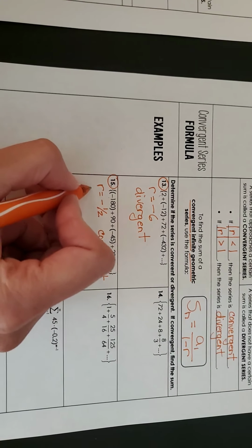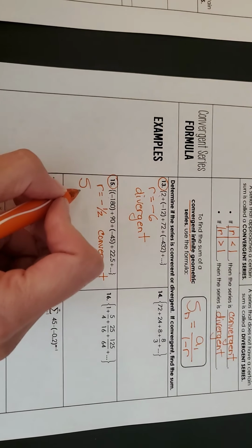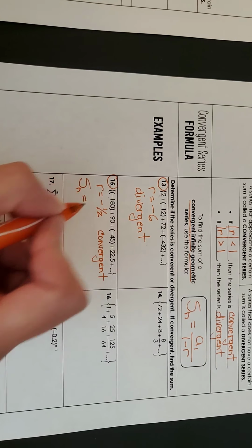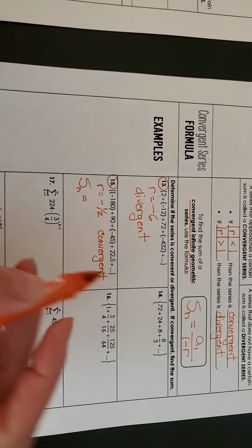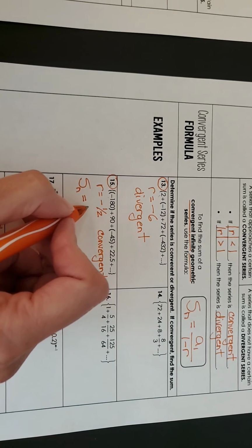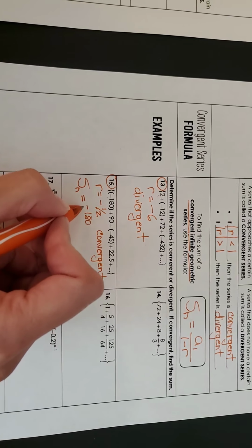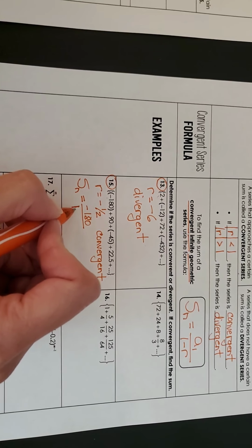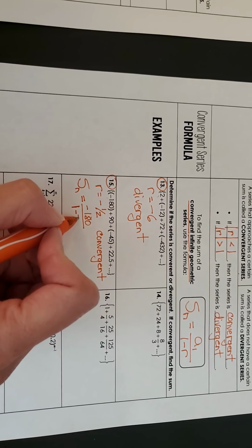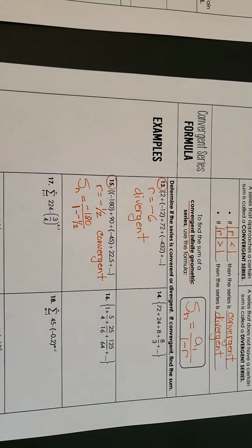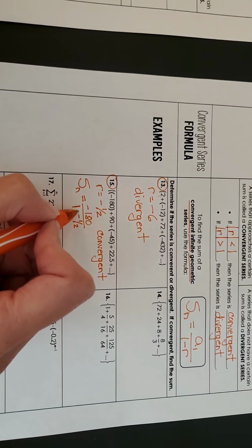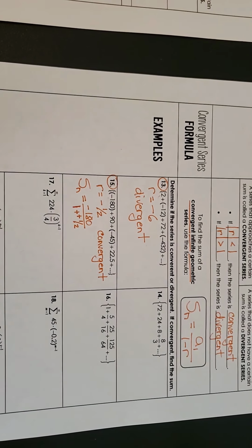So let's find the sum. S sub n will be the first term, -180, over 1 minus the ratio, and the ratio is -1/2. So that's like 1 adding a half.